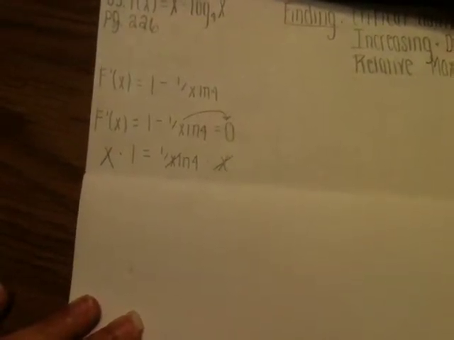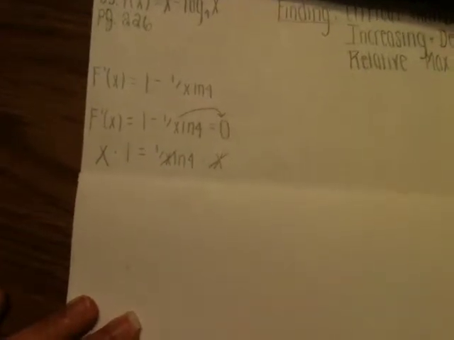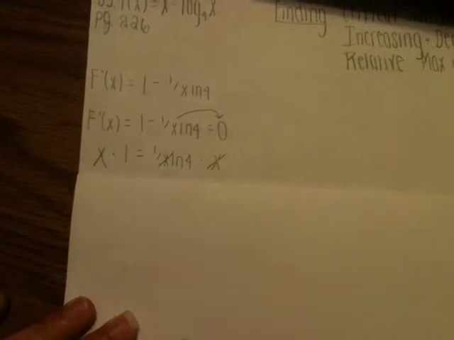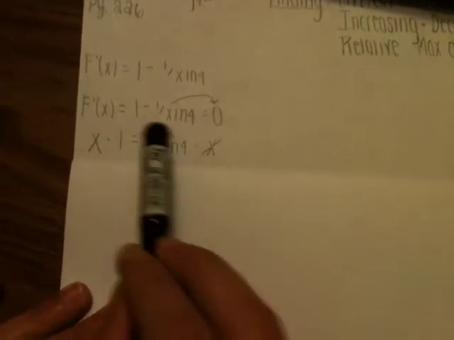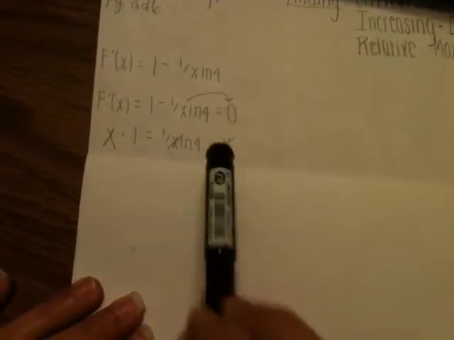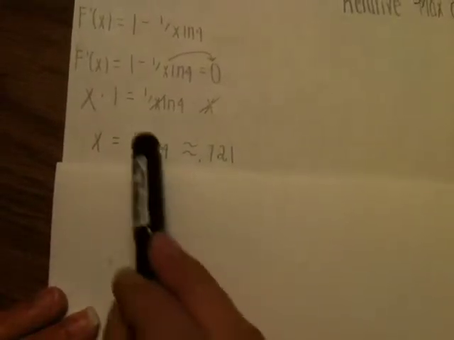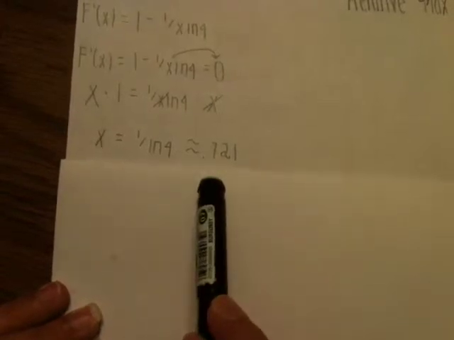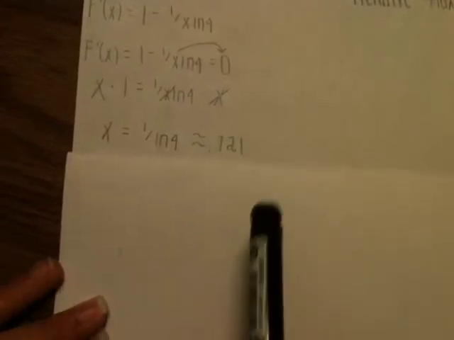On the left of the equal sign, you will have x times 1, and on the right, you will be left with 1 divided by the natural log of 4 because the x's cancel. That leaves x to equal 1 divided by the natural log of 4, which is equivalent to 0.721.